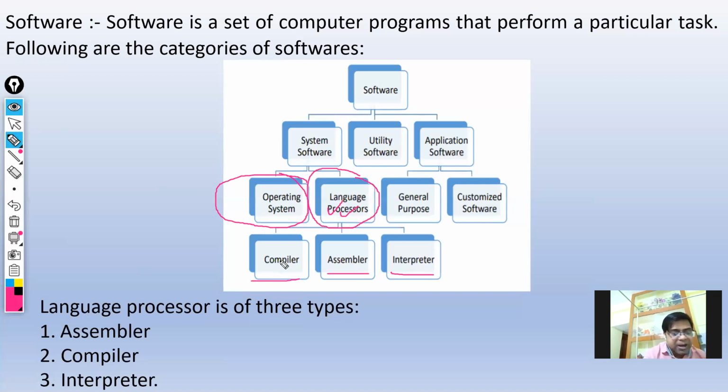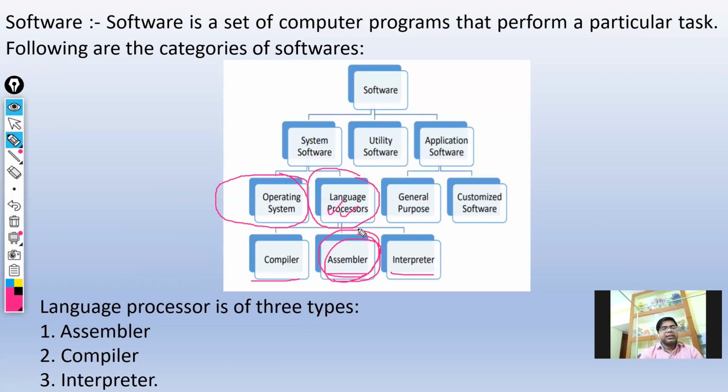It is a program that translates a high level language program into machine language, but it gets translated in one go, my dear, like your C++ compiler. Next one is assembler. It is a program that translates an assembly language program into machine language.